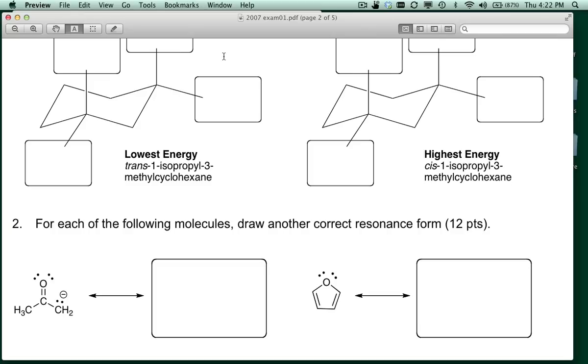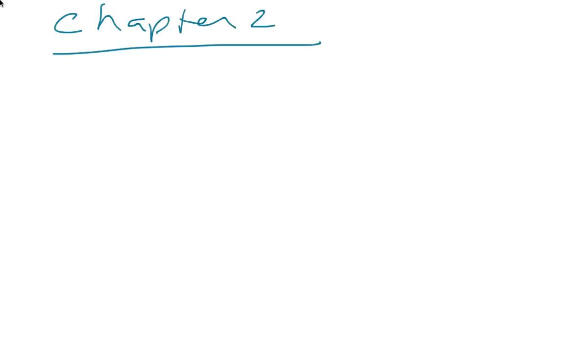Let me get a white background again. Okay, Chapter 2 concepts. What do we have that are important? Okay, we talked a lot about bonding and hybridization.